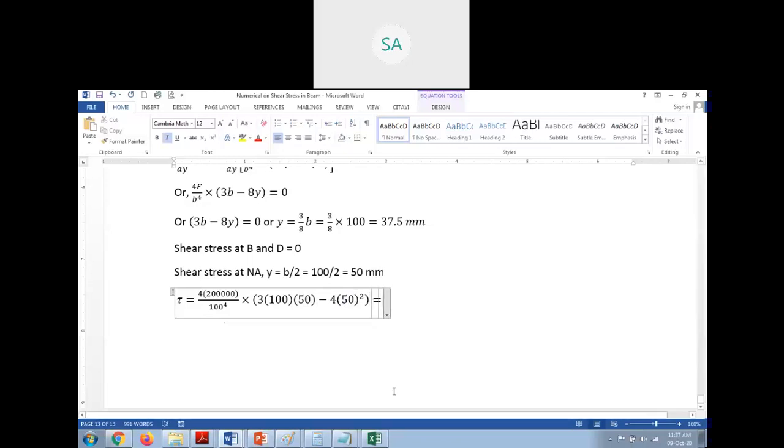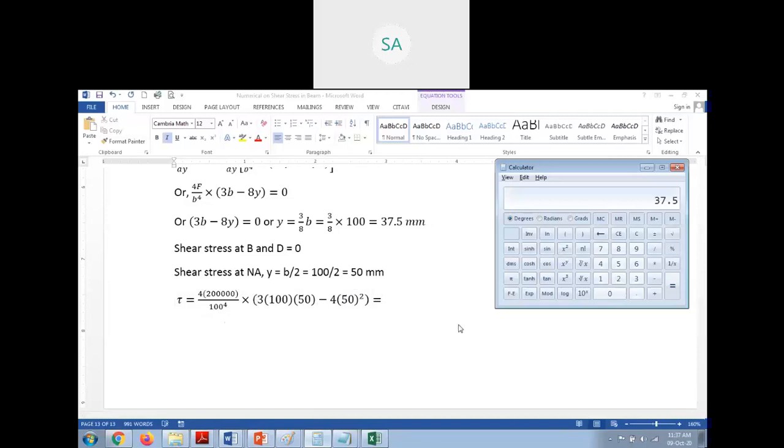So this is equal to, now let us calculate this. 4 into 200,000 by 100 raised to 4 is this much, into, open the bracket, this is 3 into 100 into 50 minus 4 into 50 square.